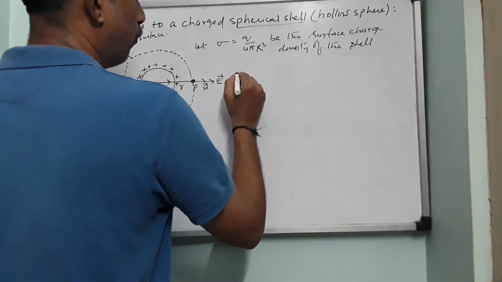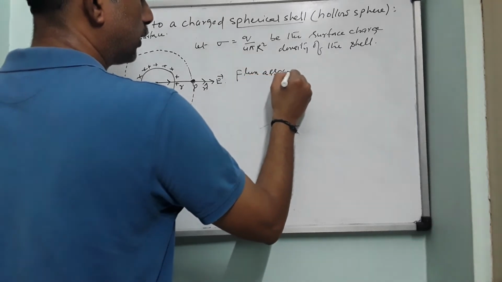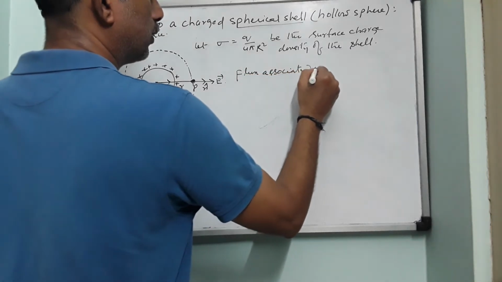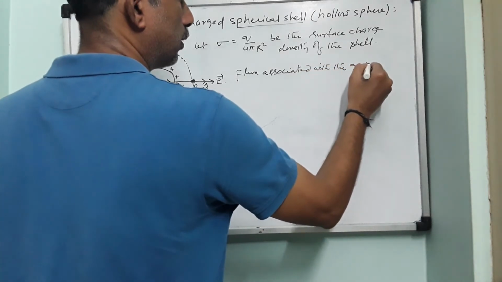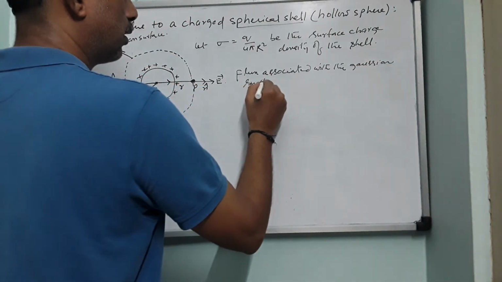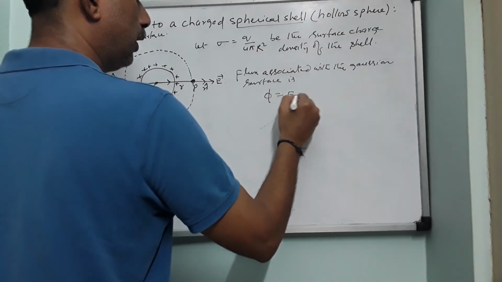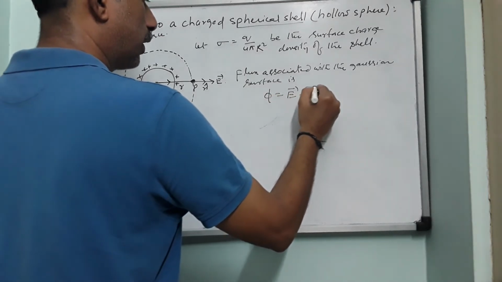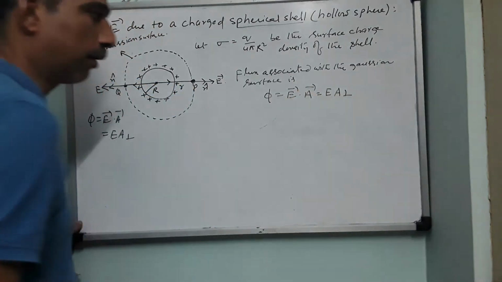The flux associated with the Gaussian surface is phi equals E vector dot A vector, that is E magnitude into A perpendicular.